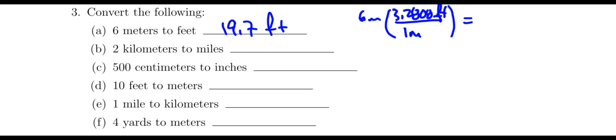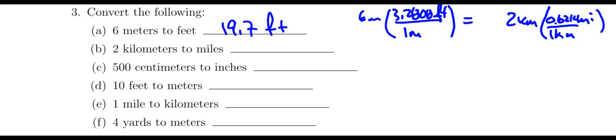To go from 2 kilometers to miles, I'm going to multiply by, well, I want the kilometer to go away, so the 1 kilometer. How many miles are there in 1 kilometer? Well, there's 0.6214 miles. Again, my kilometers disappear.